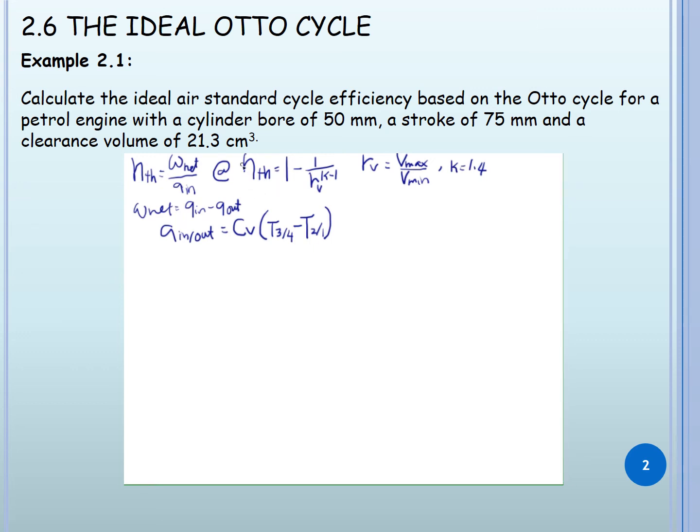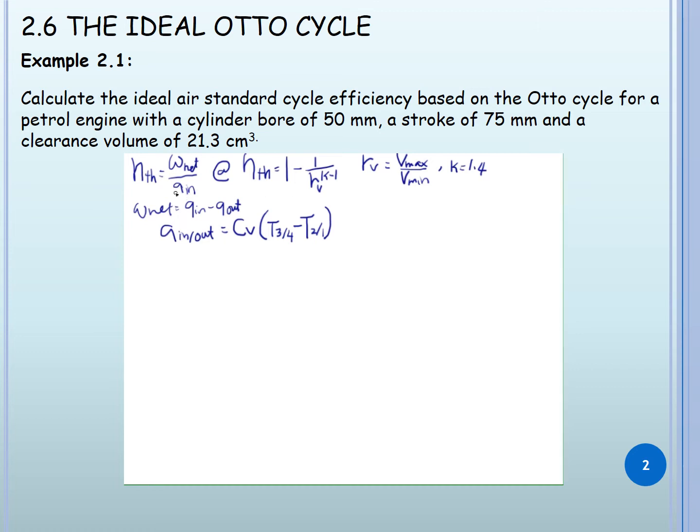If we want to use the second equation, thermal efficiency, we know that in this example, they give us a value of stroke and bore. The bore is actually the diameter of the cylinder.